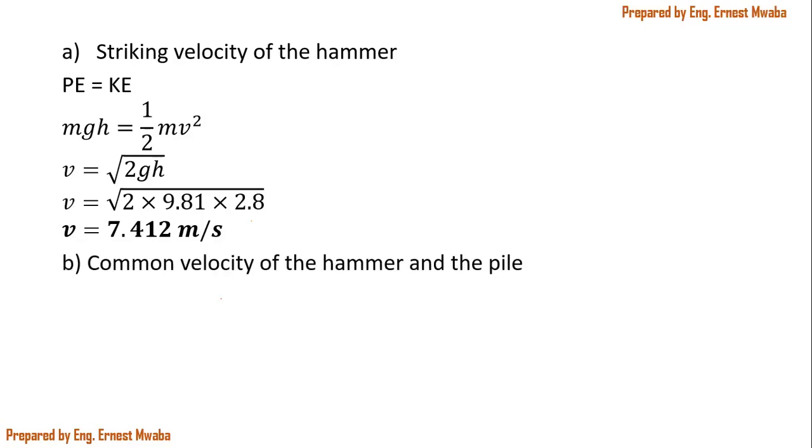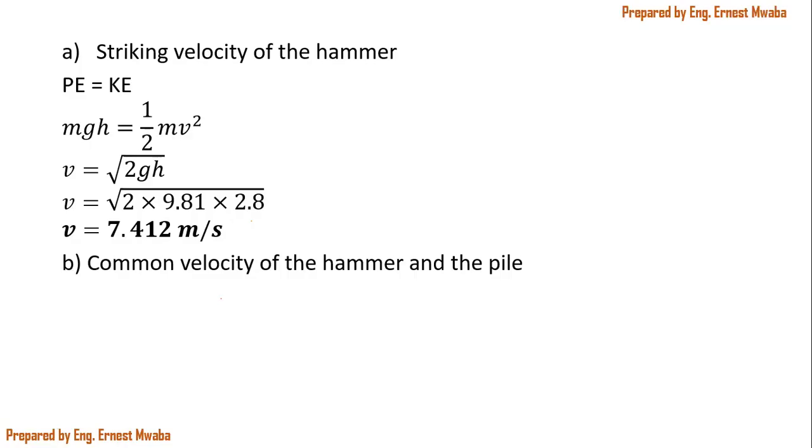Then what is the common velocity of the hammer and the pile? Now here we have a problem. This hammer came with this velocity. It dropped onto the pile. We don't expect this velocity to be maintained after striking the pile because it's going to be met with some resistance. So what do we do? We are going to introduce collisions.